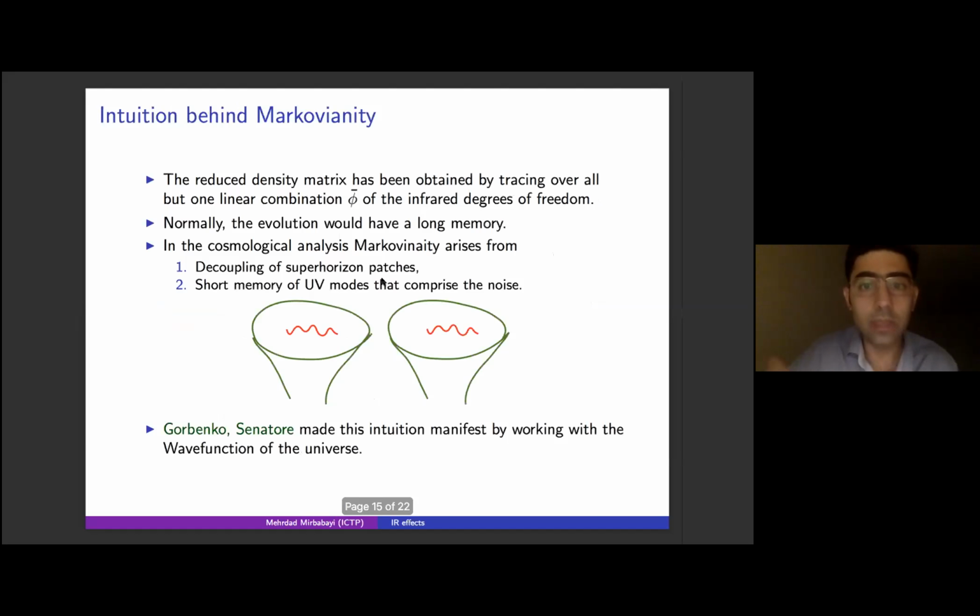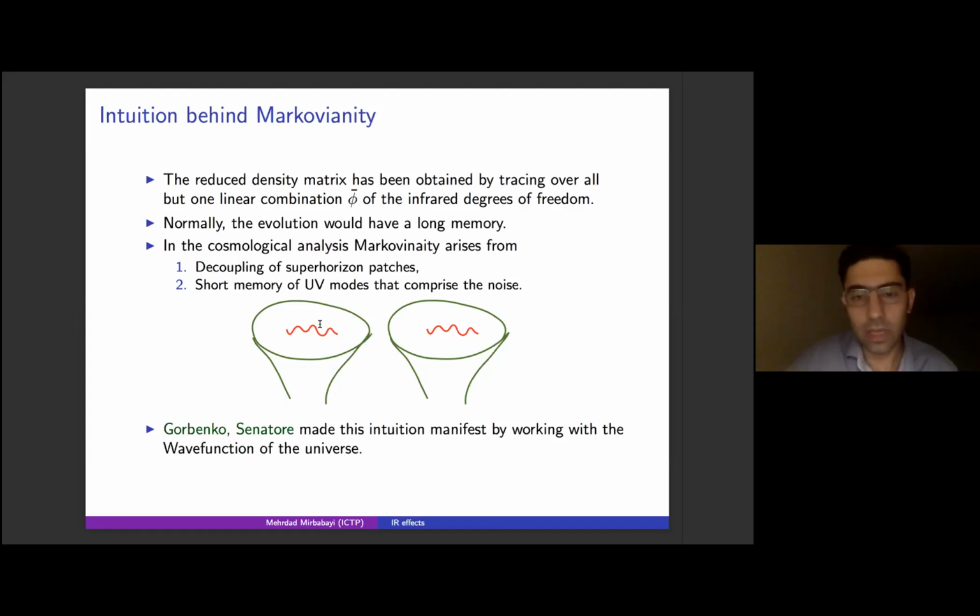Okay, so there is some intuition behind this. The intuition, if you go to the usual picture of Starobinsky, is the decoupling of superhorizon modes and the short memory of the UV modes that give this diffusion term.